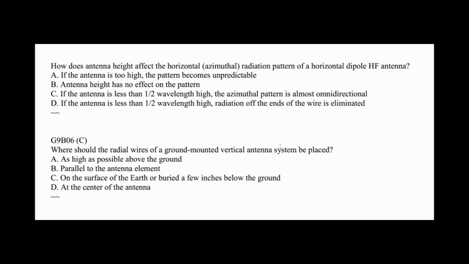Okay, the vertical is mounted on the ground. Their answer is on the surface of the earth or buried a few inches below. Actually, it works better if they're a few inches above the ground.